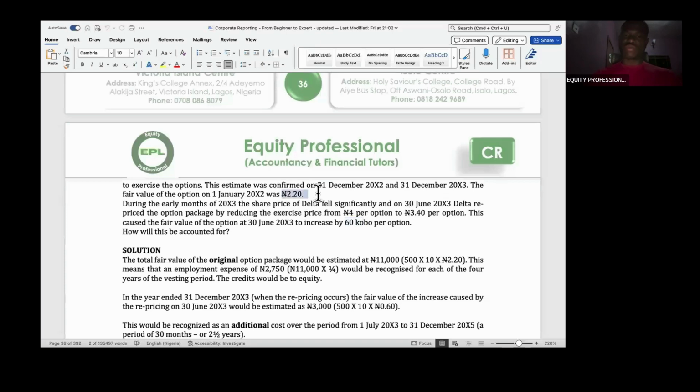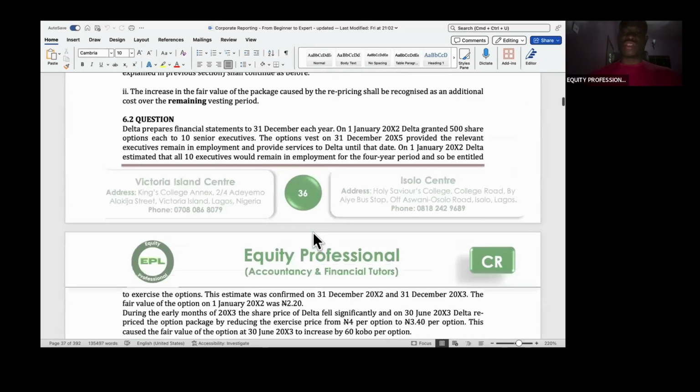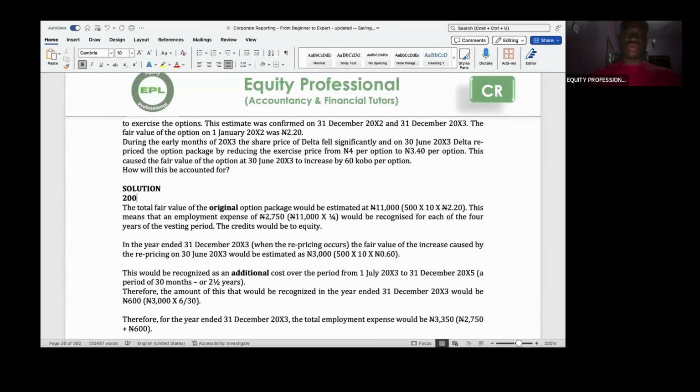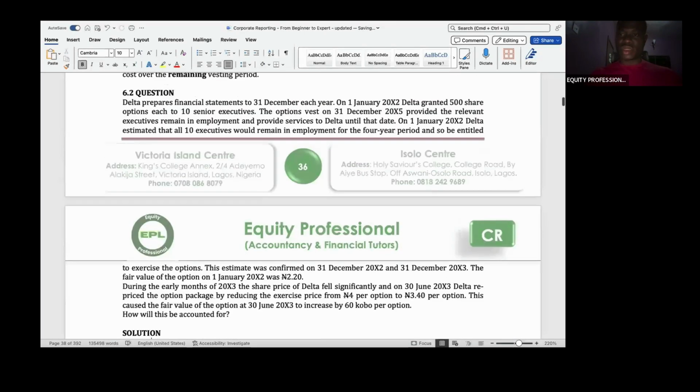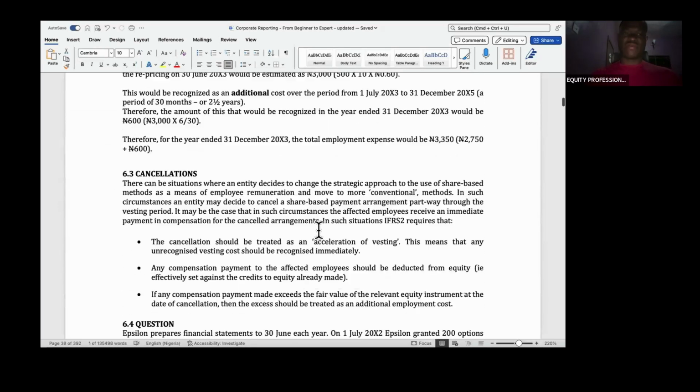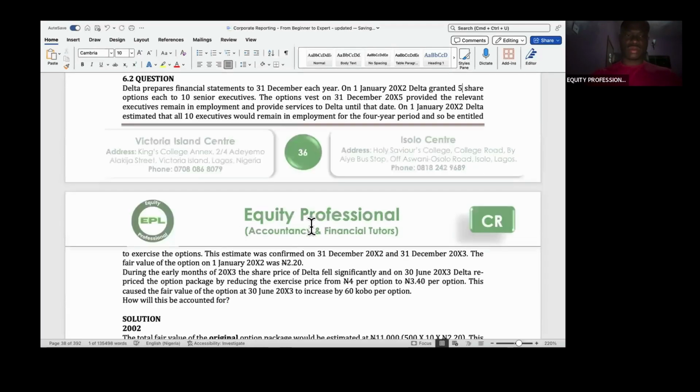It was 2.2 before. Now it is 2.8. So let's see how we deal with that. Now, similar to what we have been doing, let me just break it down for you. In 2002 now, what's the value of this option? We have 500 options, right?